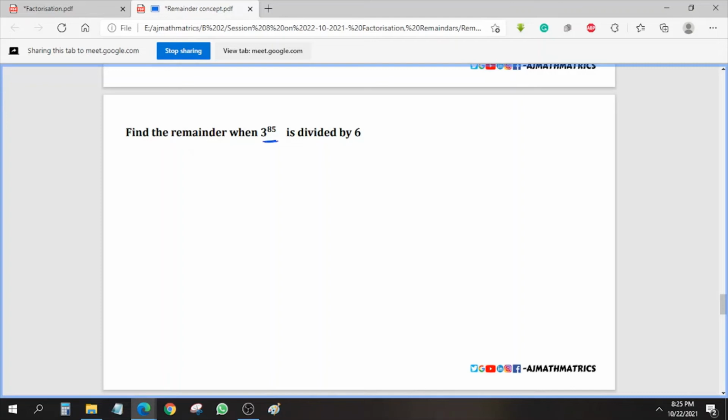So 3 power 85. The numerator is in the form of 3, and we need to change the denominator in the form of 3's only. So 3 into 2. Okay, so 3 power 85 into 3 power minus 1 by 2.